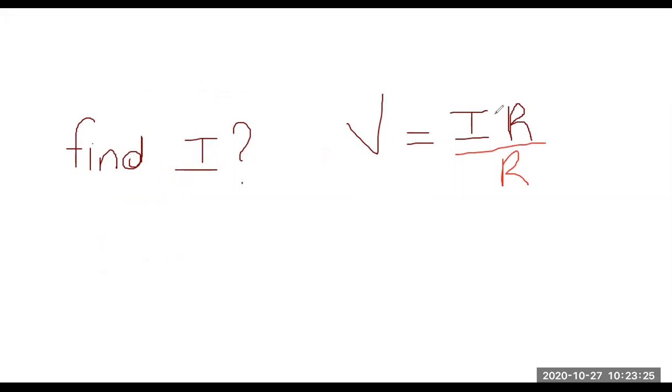And I need to find I, which means I need I to be by itself. So I have to divide by R to get rid of R. And whatever you do to one side, you have to do to the other side. So this cancels out. So I is equal to V over R.